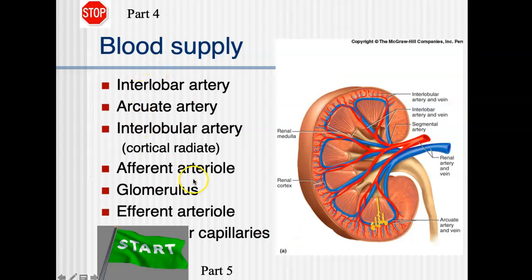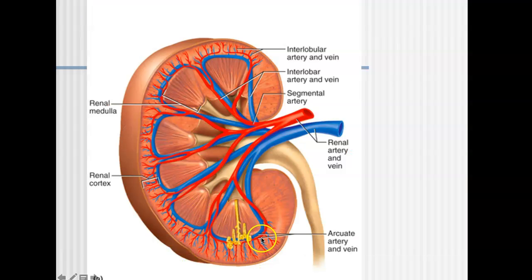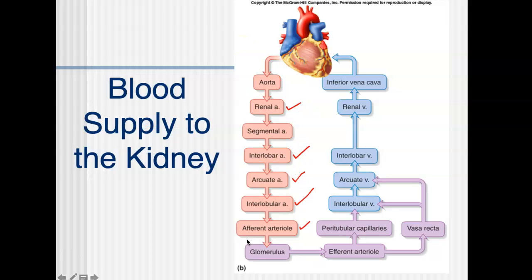And then we go to the afferent arteriole, the glomerulus, and the efferent arteriole. So you'd want there, it's going to feed into the nephron, correct? So after that interlobular, it's going to be the small artery that feeds into the glomerulus and then out of the glomerulus. So this is another way of visualizing the same blood supply.